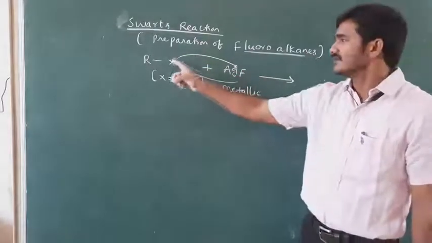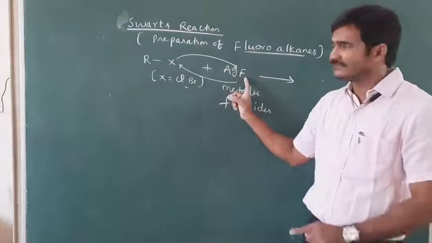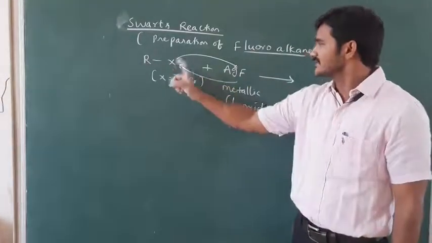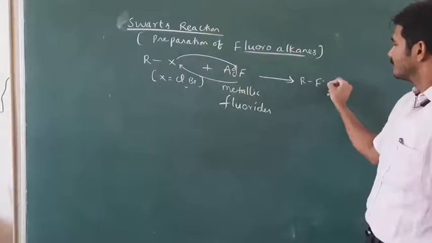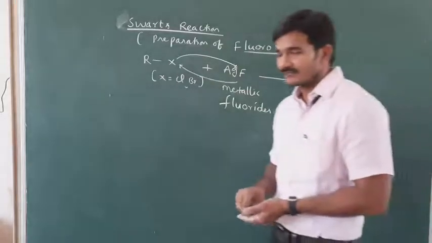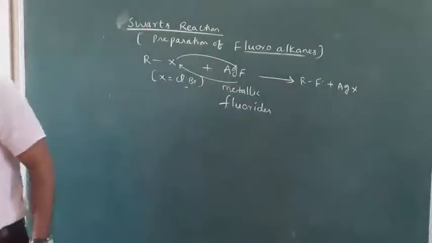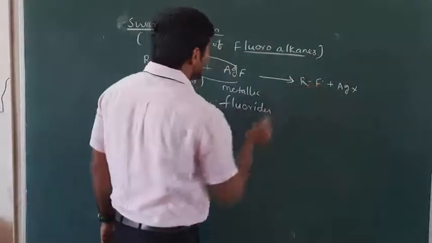X can be exchanged with AgF, giving RF plus AgX. This way we can prepare fluoroalkanes selectively from the alkyl halides using metallic fluorides.